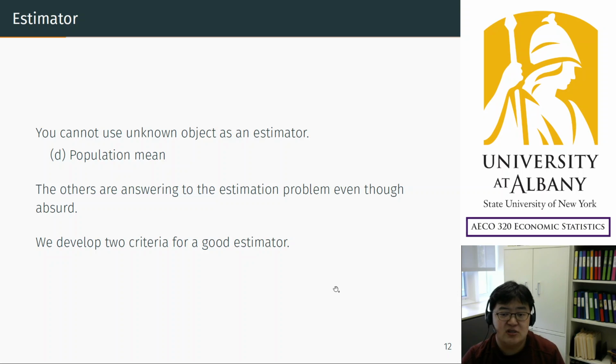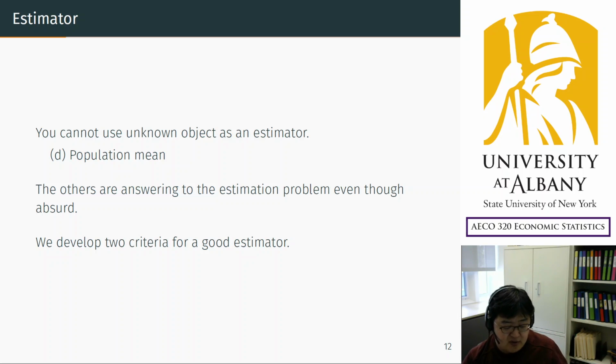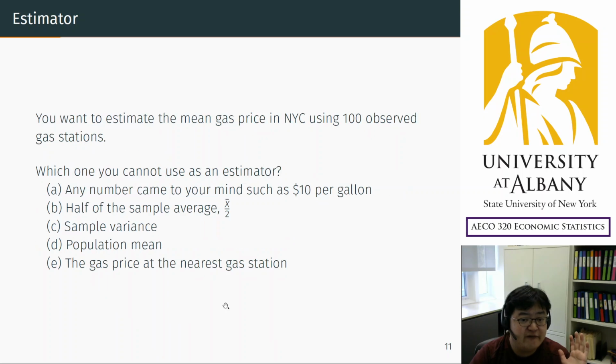So as I said, we only allow a statistic to be an estimator. An estimator must be an actual number that you can calculate. And then from now on, we have to argue that these are all wrong. But why are they wrong?